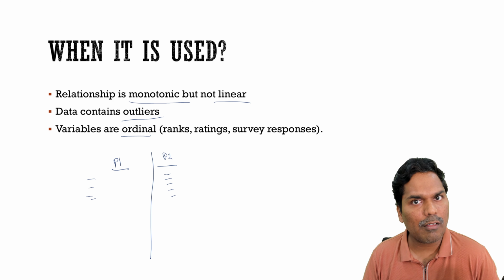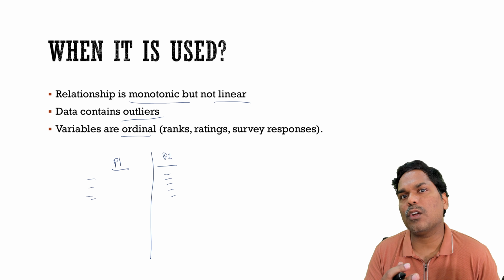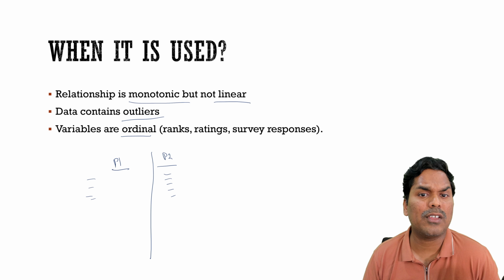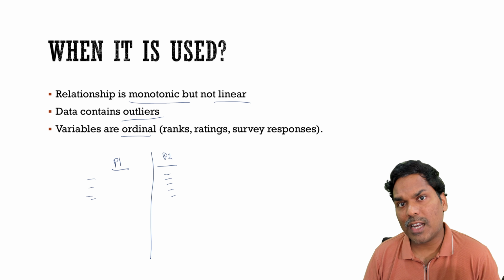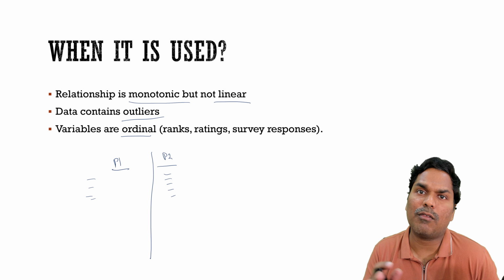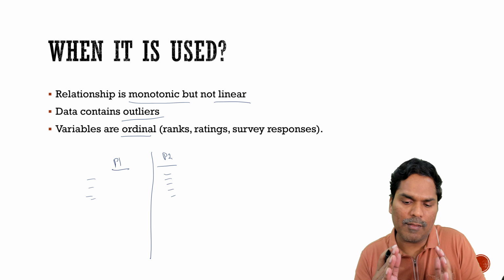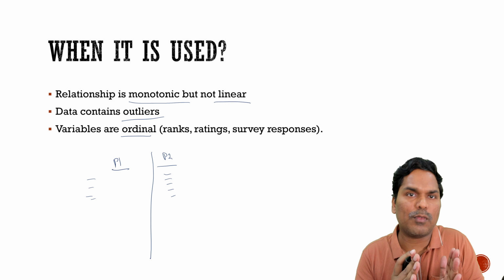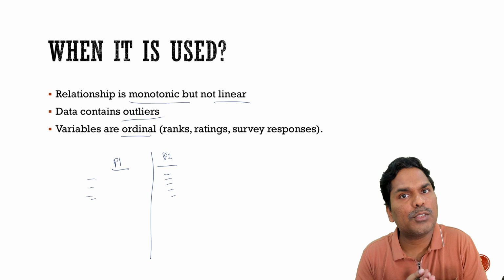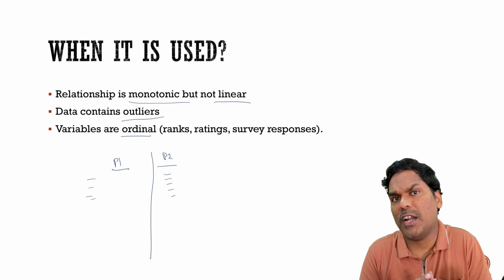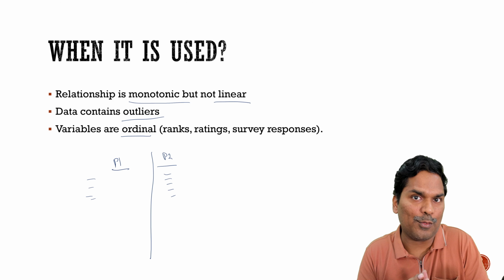If you calculate the correlation coefficient, Pearson's, it will not be good. But if you calculate Spearman's, it will be good. Survey responses marked as 1 to 5, 1 to 10, again it will be good. Any two variables, when they are ordinal, if you look at Spearman's correlation coefficient, it will give you a much better metric than Pearson's correlation coefficient.